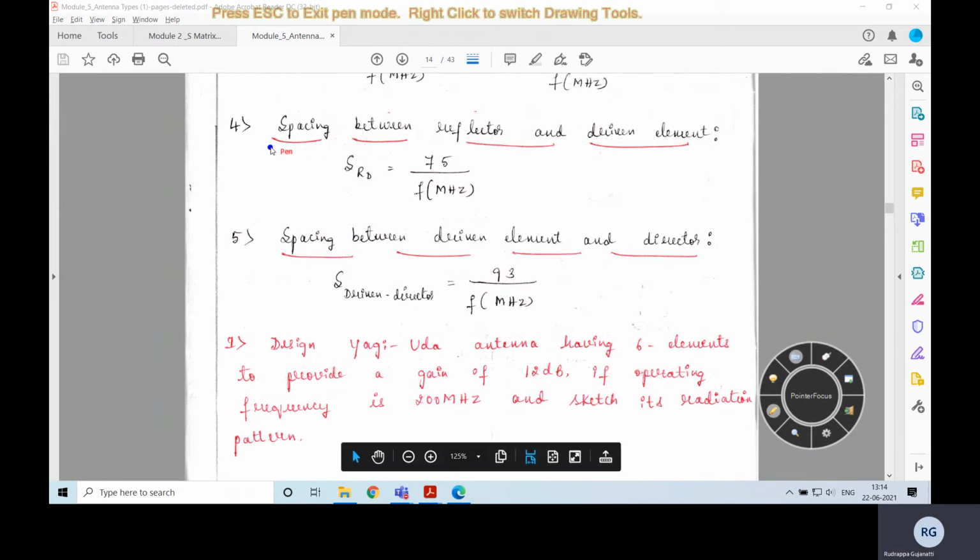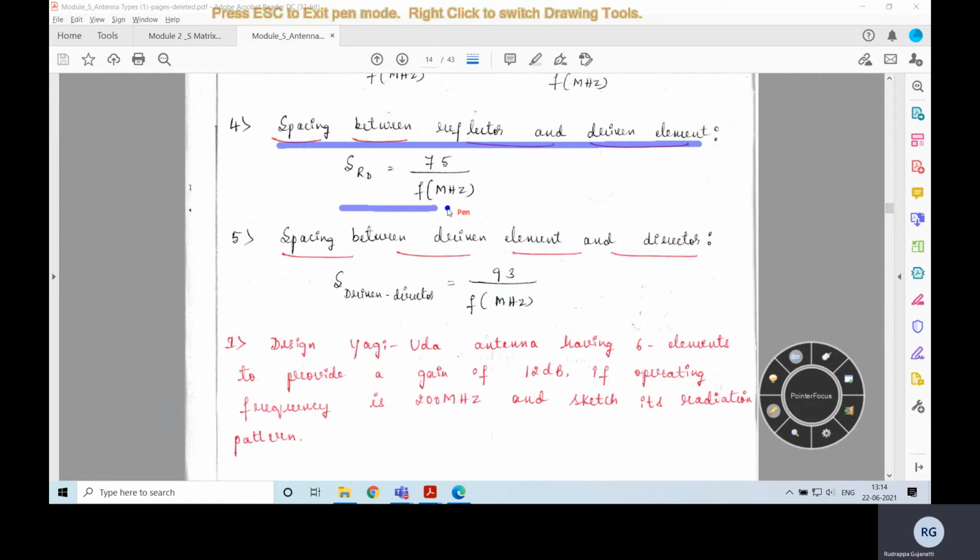So what should be the spacing between the reflector and the driven element? It is given by 75 divided by f. Here we have a reflector, here we have, say, the folded dipole or the driven element, and here we have the directors.